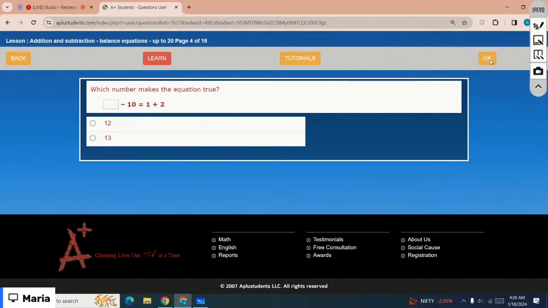So which number makes the equation true? Which is the correct option? Yes, that is 13 take away 10 equals 3. So the correct option is 13, right?